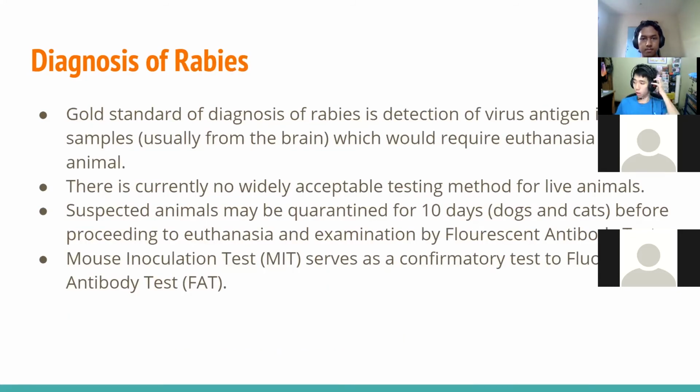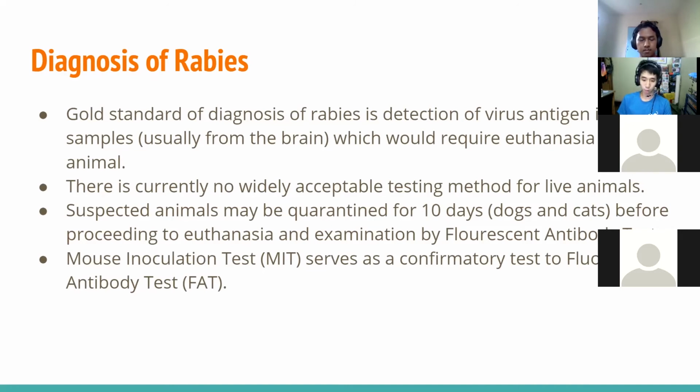Okay, for the diagnosis of rabies, the gold standard will always be the detection of the virus antigen in the tissue sample, usually from the brain, which would require the euthanasia of the animal. That means there is no gold standard of diagnosis for any live animal as of the current standard.